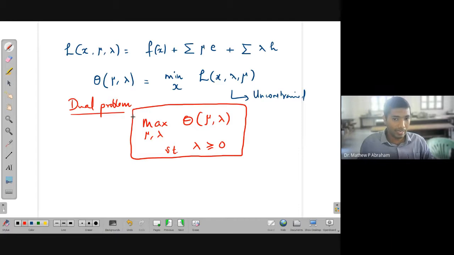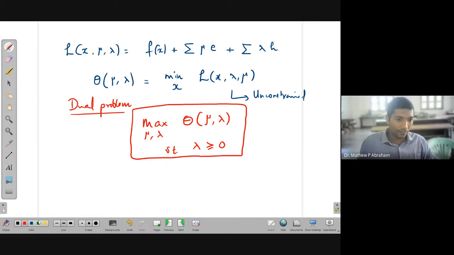It looks neater, and remember, if there are no inequality constraints, there is no constraint like this as well, and the dual problem is completely an unconstrained optimization problem. Moreover, the dual problem is a convex problem, and hence you can use the first order necessary conditions to find the solution to this problem.